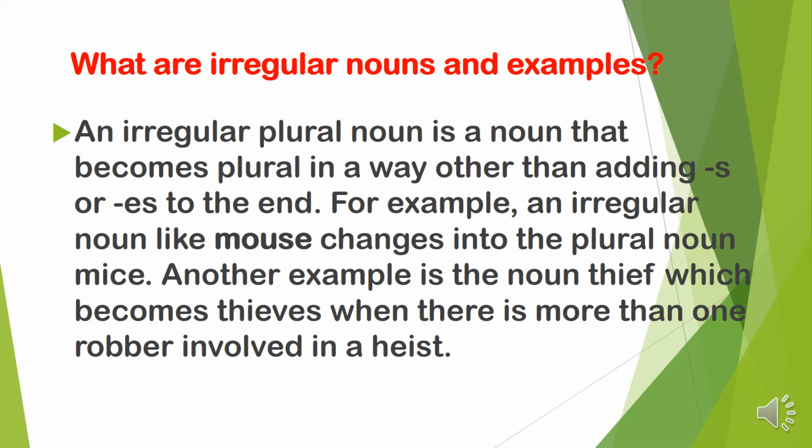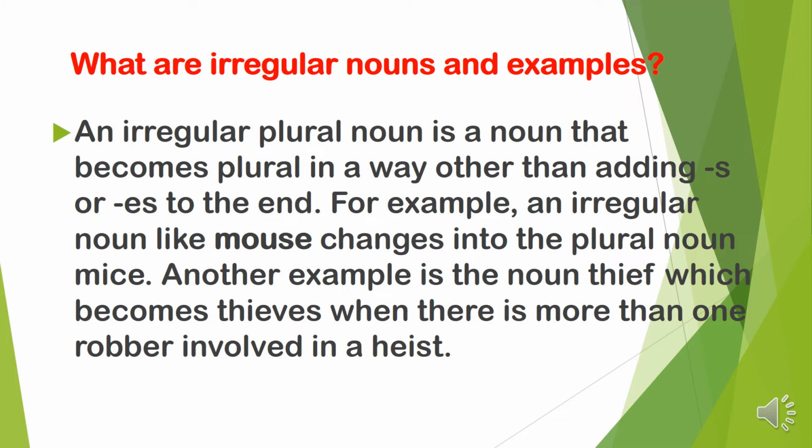Now we are going to present what irregular nouns are, and examples. Again, an irregular plural noun is a noun that becomes plural in a way other than adding s or es to the end. For example, an irregular noun like mouse changes into the plural noun mice.